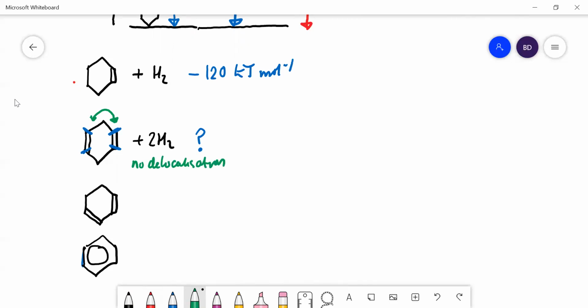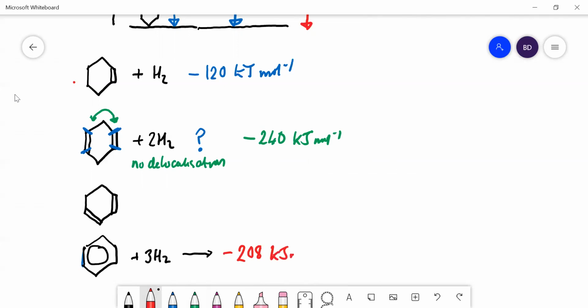So you'd expect the value for the reaction to be double the one with 1 bond. Now with the benzene, we've said before, you do get delocalization. So you react that with 3 hydrogens, and you only get minus 208 kilojoules per mole.